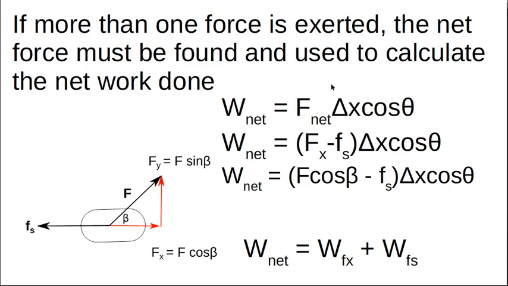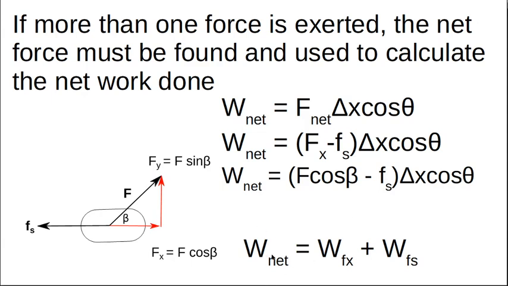So this thing here irritates me in this equation, because if you found the net force in the direction of motion, then cos theta automatically will fall away. So if you wanted to resolve them, Fx resolves into F cos beta, this angle over here, minus Fs. Fs is in the plane of motion, so it's fine. So the net work can be calculated by subtracting the forces, multiplying them by the displacement by cos theta.